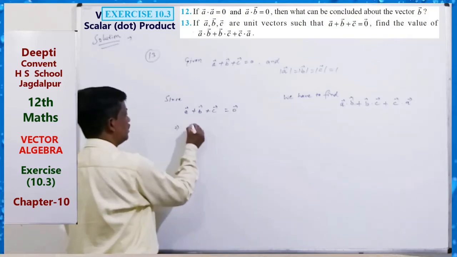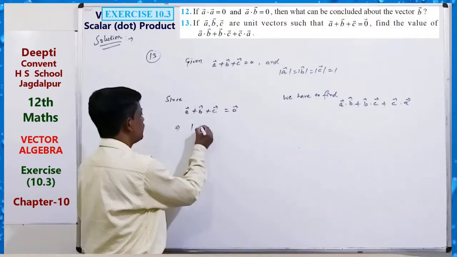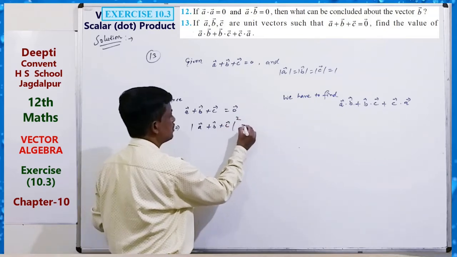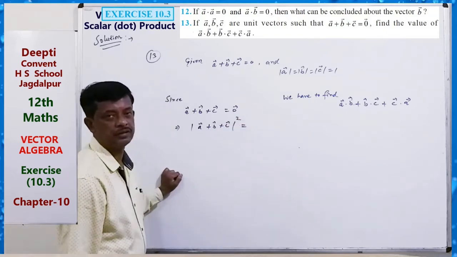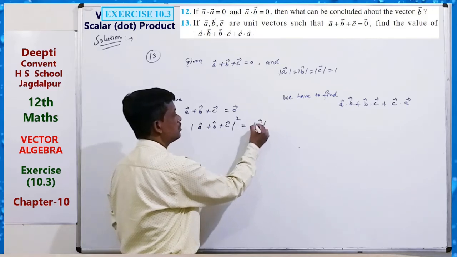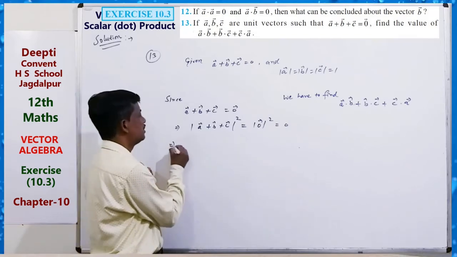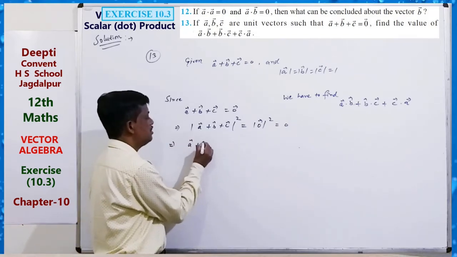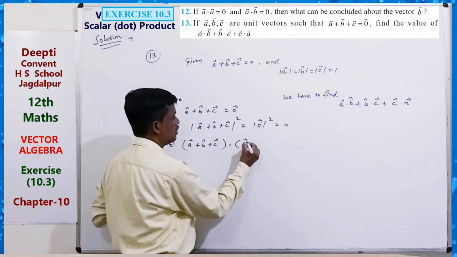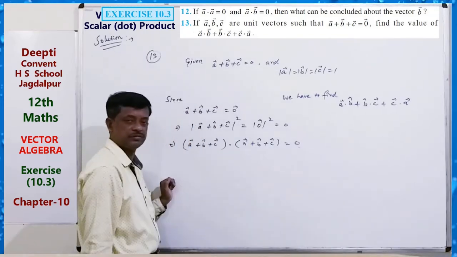we can take its square. A plus B plus C dot A plus B plus C equals 0.